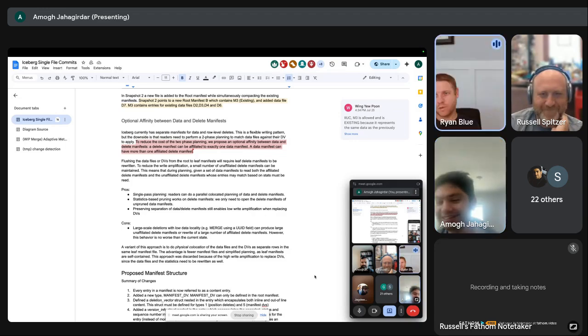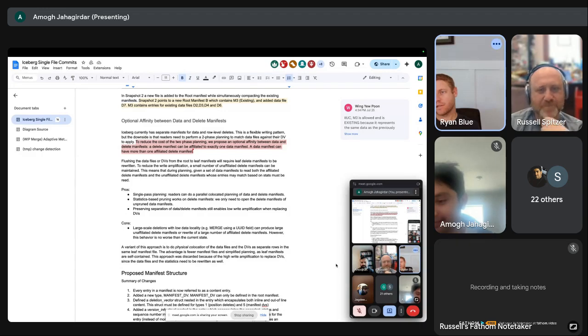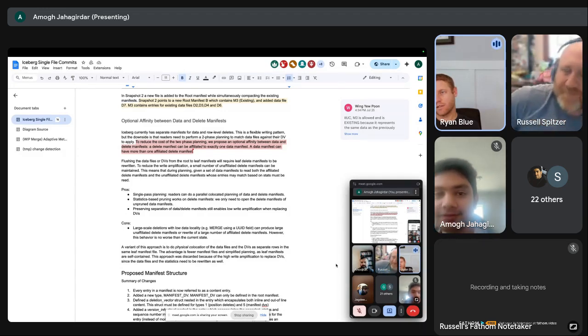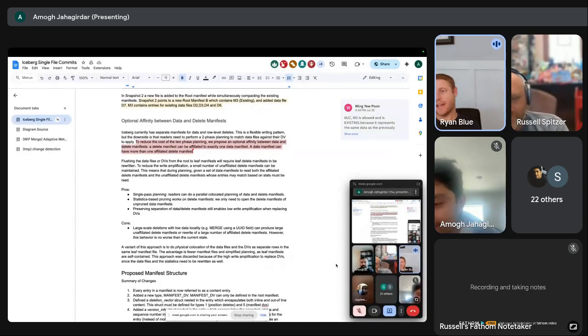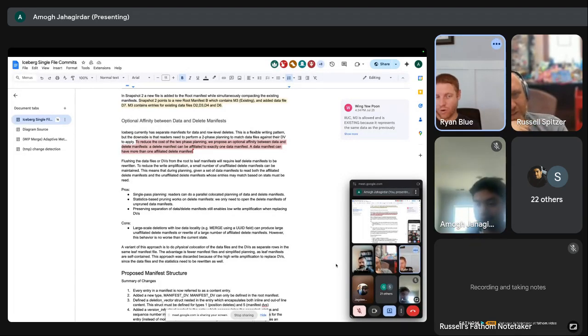I'm not sure how we would get rid of the delete index because you need to at some point either scan through all of your deletes that could apply to any data file and index them, or scan through your data files and then look for those data files.